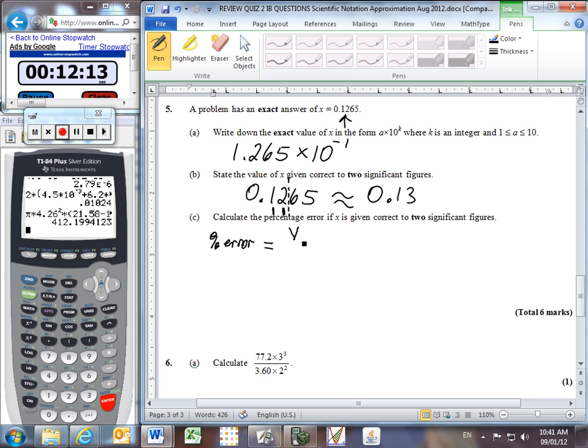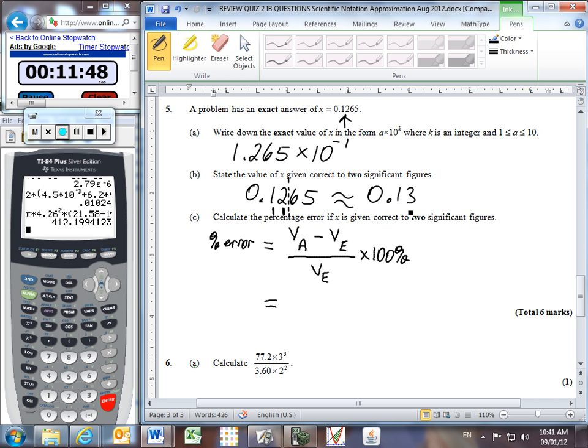So we've got the approximate value minus the exact value divided by the exact value, and then we need to multiply by 100% in order to convert it back into a percentage. And so let's do this substitution. So our approximate value, it was 0.13.